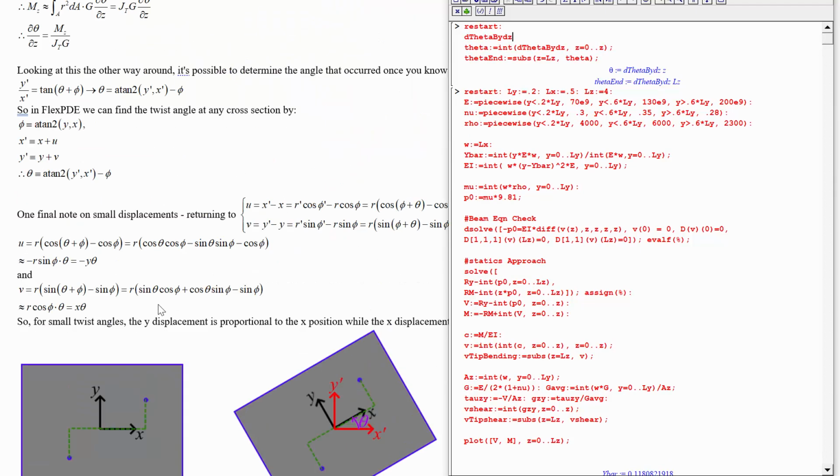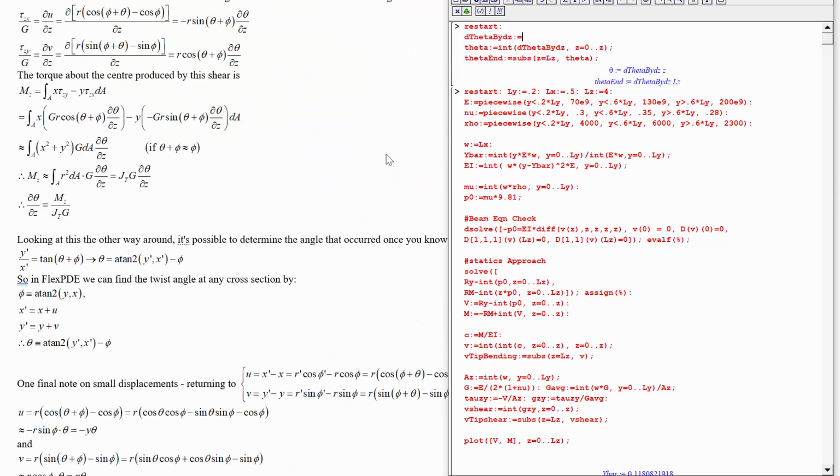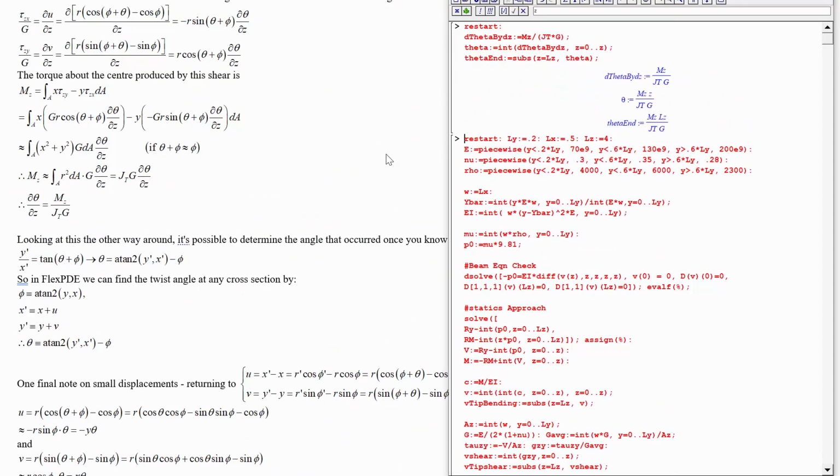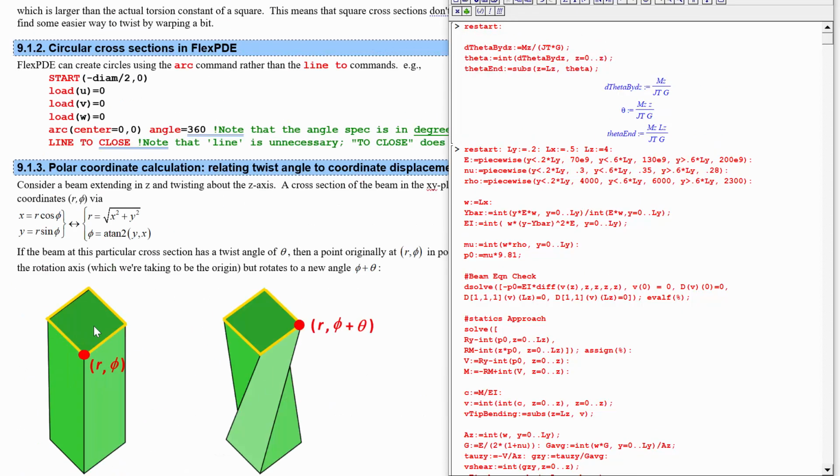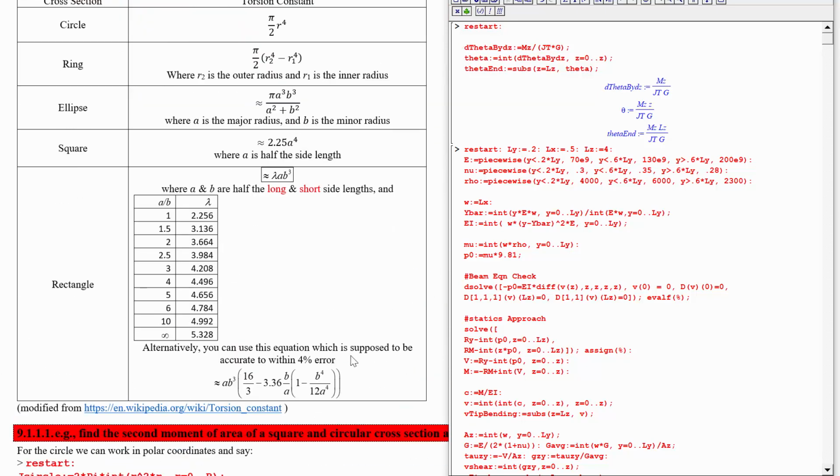Well, that d theta by dz from this formula is equal to Mz over JT times G. And JT times G we can get from the table up here.